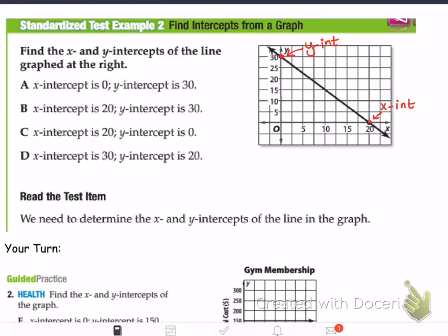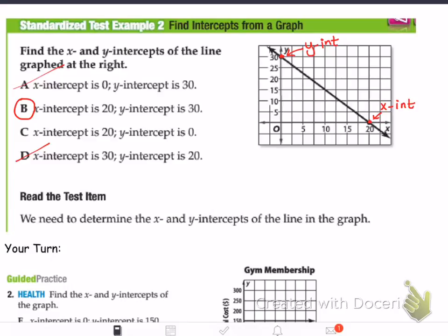So there are my y-intercept and the x-intercept. And then, since this graph actually has a number, the x-intercept here is at 20. And so right away I can eliminate A and D. And the y-intercept is at 30. And so B is my answer: the x-intercept is 20 and the y-intercept is 30.